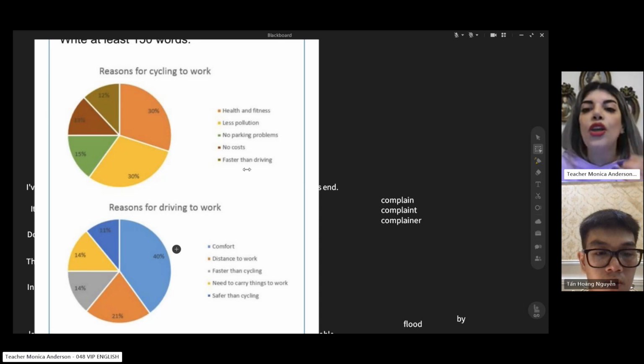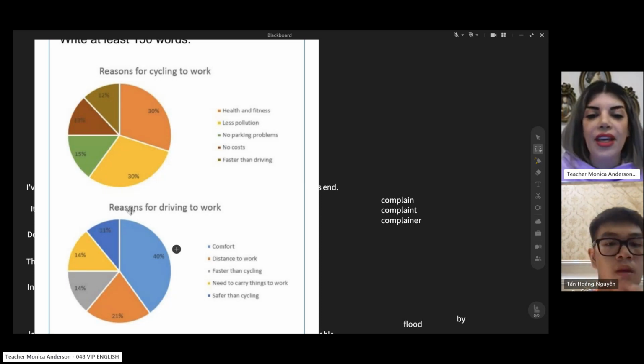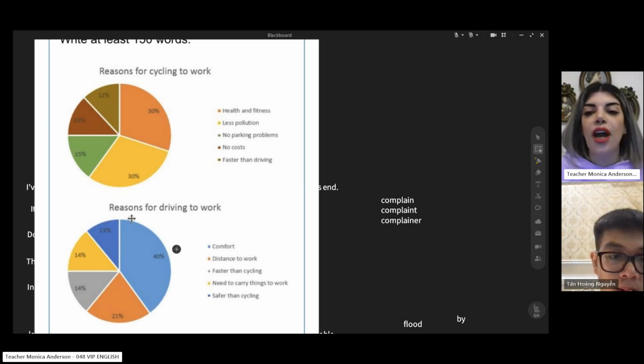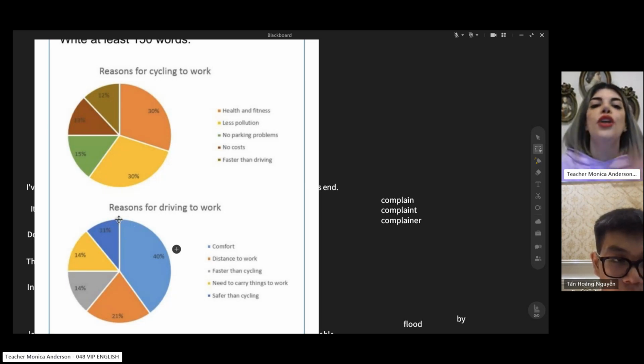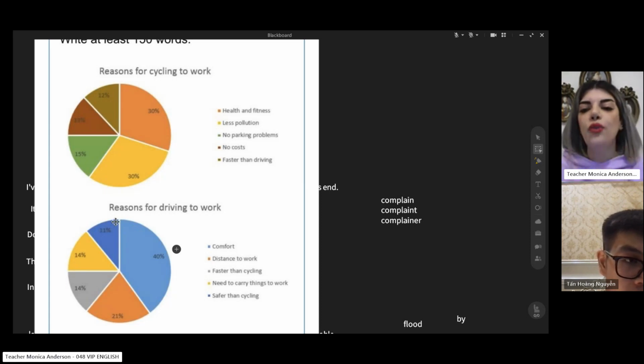Now, you can compare here, whilst, for example, the prime advantage of driving to work is considered to be the comfort of traveling. Or you can say, in comparison, the highest percentage of people who drive to work have made this choice.